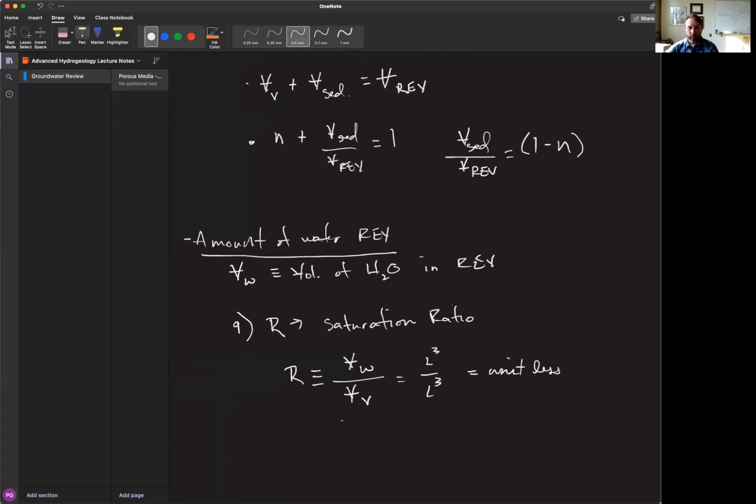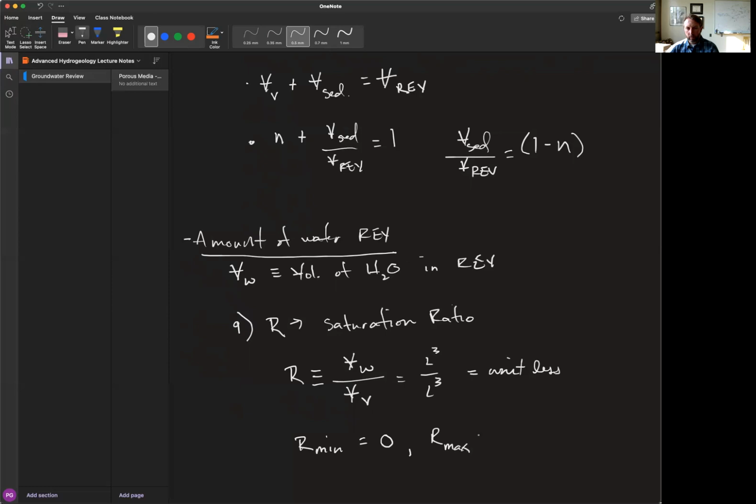And let's think about the minimum and maximum of the saturation ratio. So if I have no water in any of the pores, I'm in Death Valley after no rain for 100 years. All right, no water in any of the pore space, and my volume of water is equal to 0. Doesn't matter what this is divided by. So the minimum my saturation ratio can be is 0.